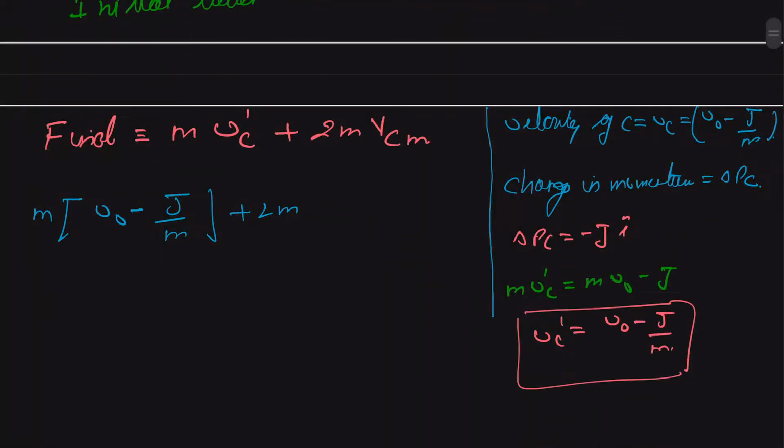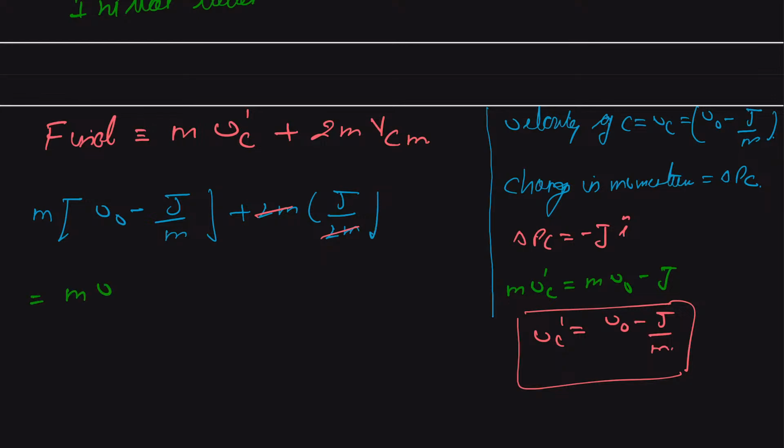So this comes as j upon 2m, and here 2m and 2m cancel out. So we simply multiply the m inside.